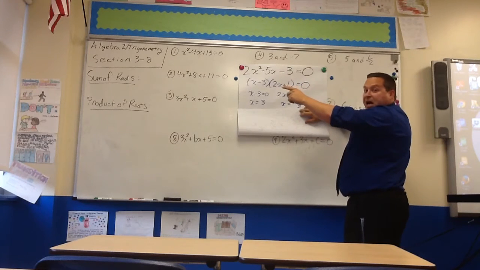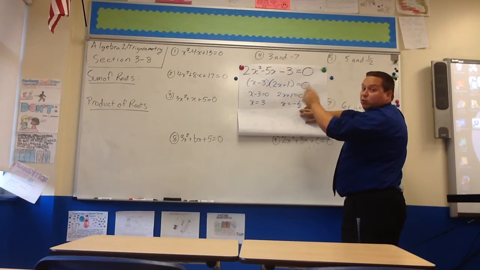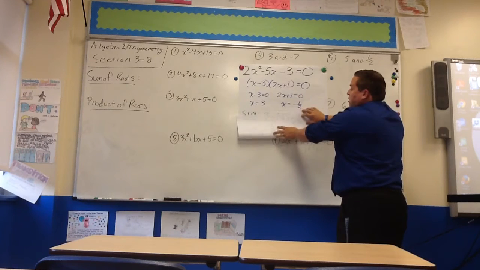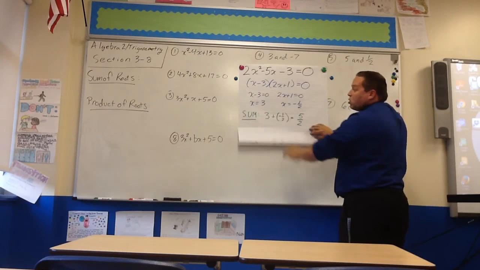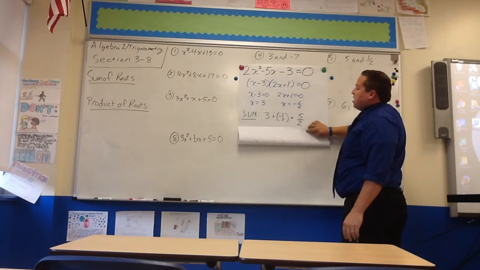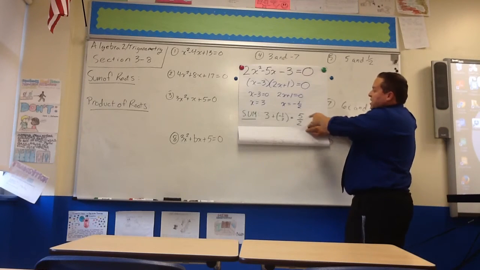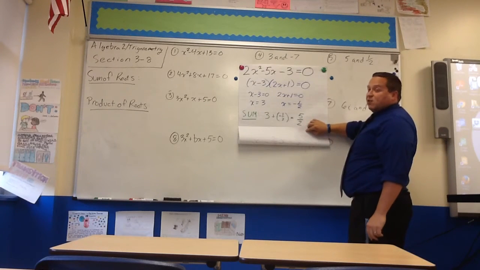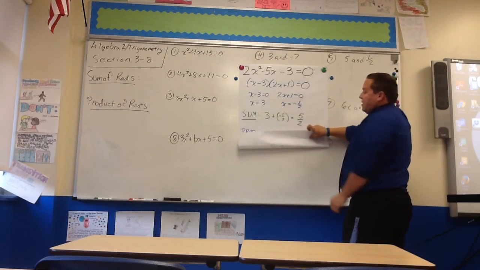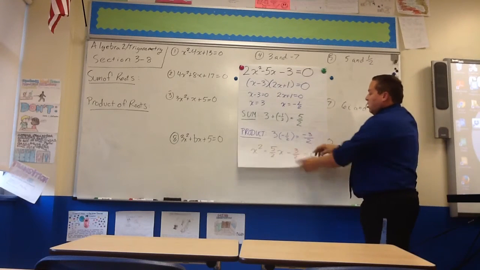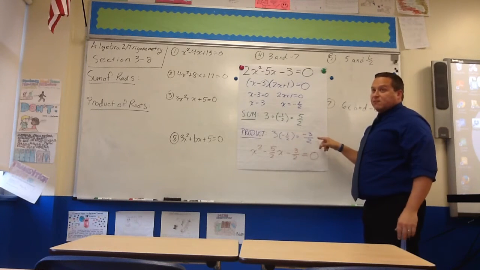Now notice the sum of the roots. The sum of those two roots, or solutions, as we sometimes call roots, in this case would be 5/2, and the product would be negative 3/2.